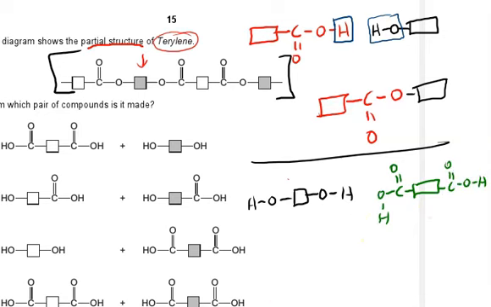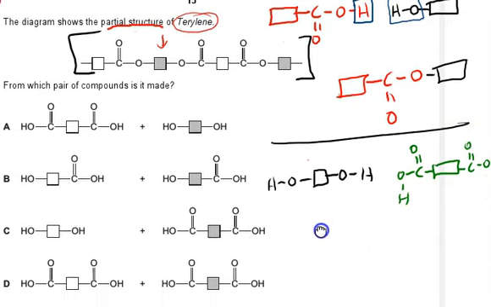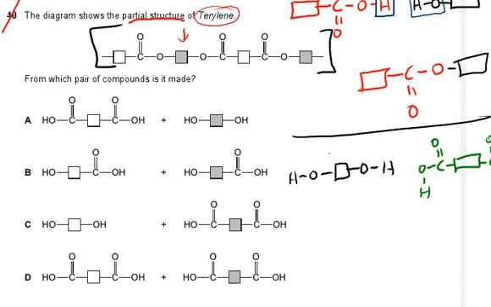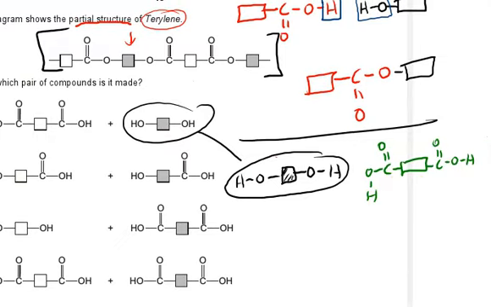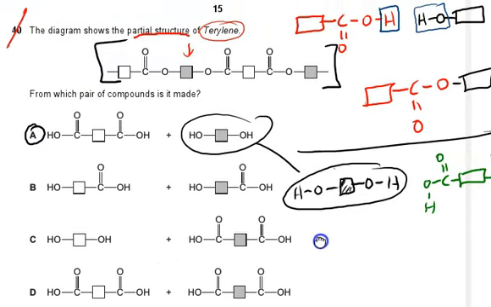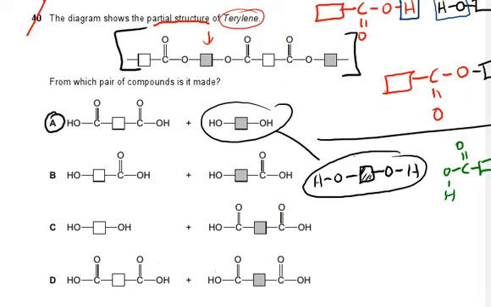So you can make a conclusion here. So this is the black color box, and your best answer here will be A, because the black color represents this, and the green color one will be representing the white box here.